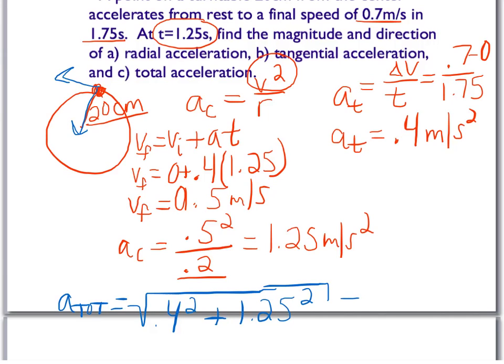We're going to square those, add them, and square root them to get a total acceleration of 1.31 meters per second squared. So that's a quick example for you for what this looks like when you have both radial and tangential accelerations for an object moving in a circle.